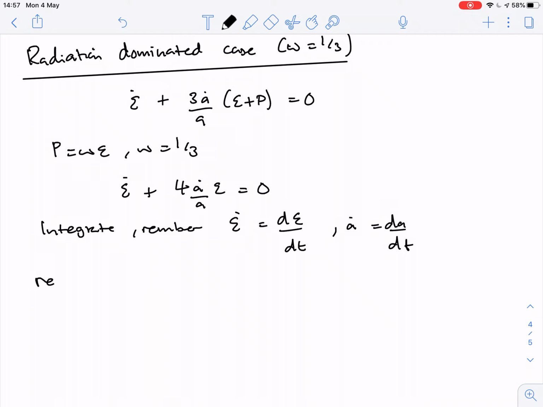So I can rearrange the following. I can have dε by dt equals 4 da by dt times ε over a.